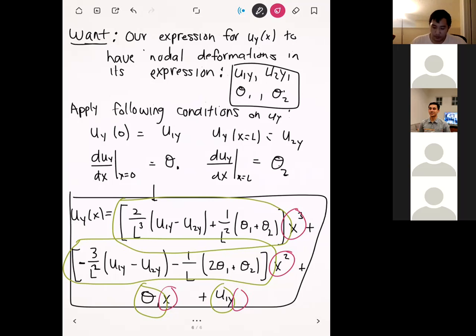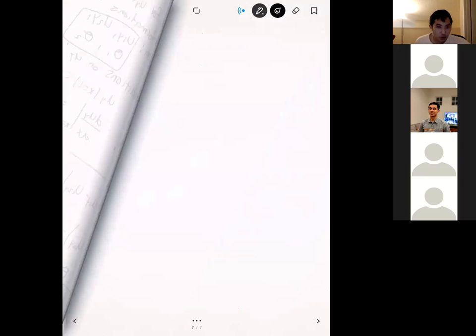Okay. All right. So now we have everything that we need to actually perform our work equivalence expression. Remember, where we started was this right here.